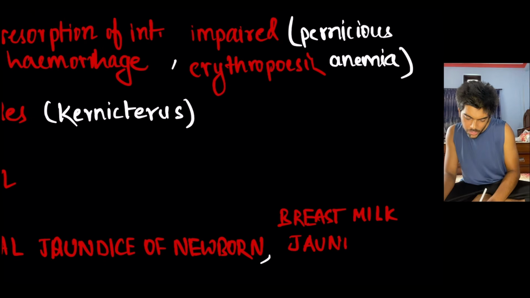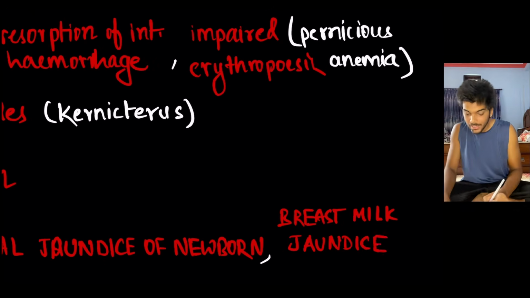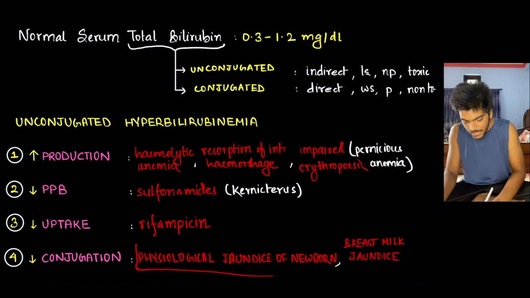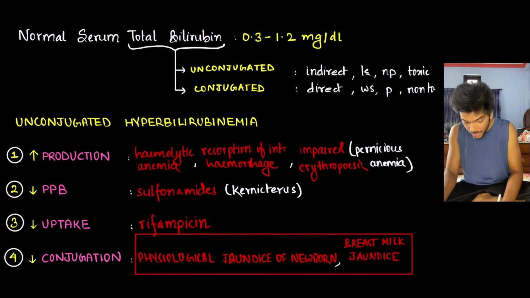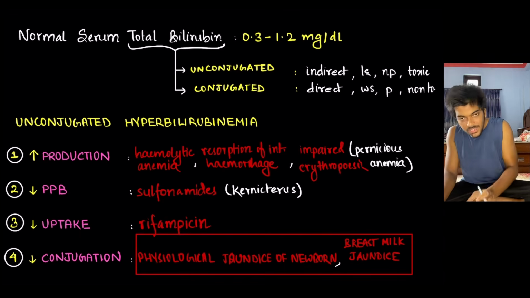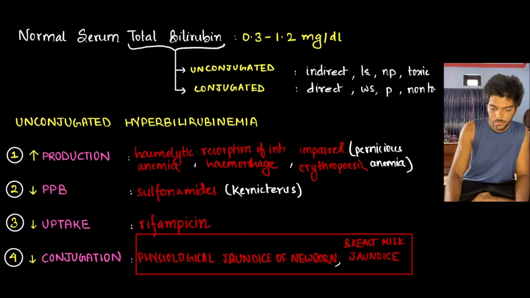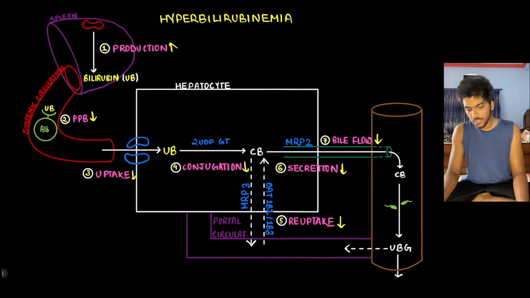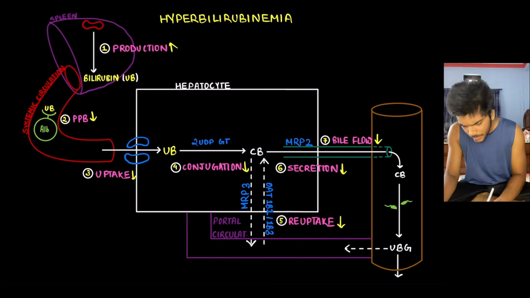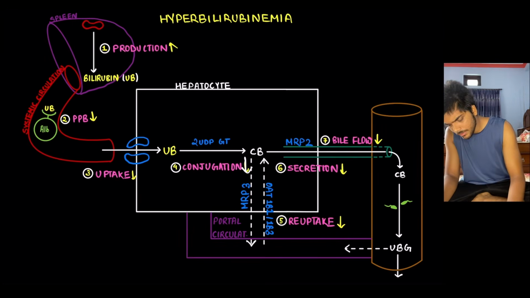So this is quite an interesting topic. That is why I'll take this topic separately. Okay, so I'll explain this topic. I'm not leaving it behind, but separately at the end of the lecture, or in a different lecture. Conjugation. Okay. See, decrease in conjugation.